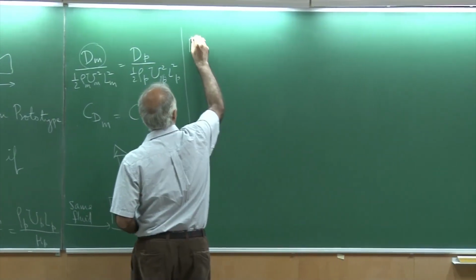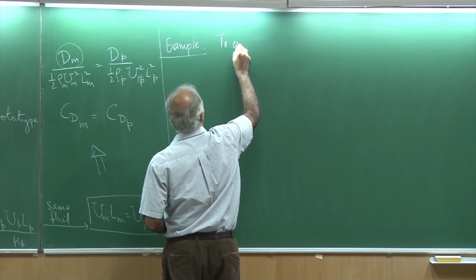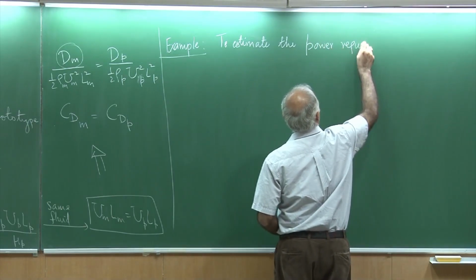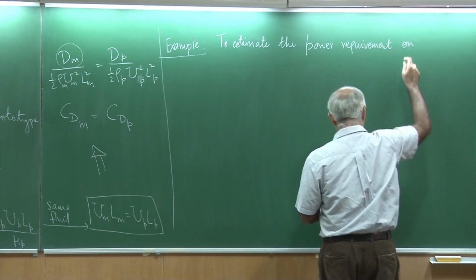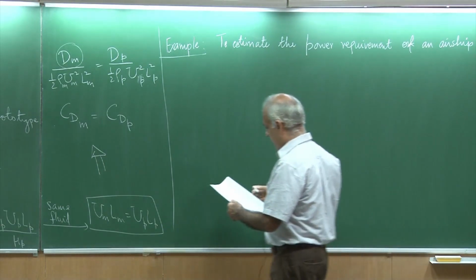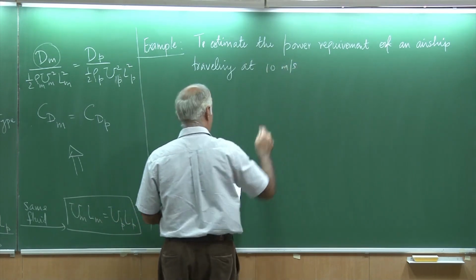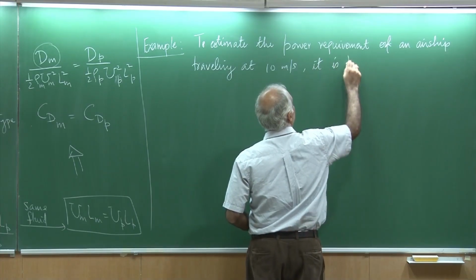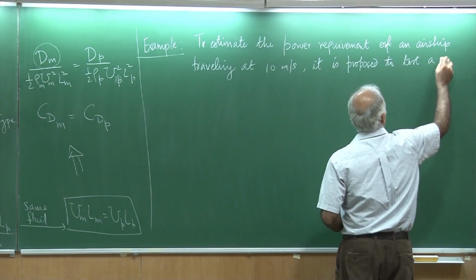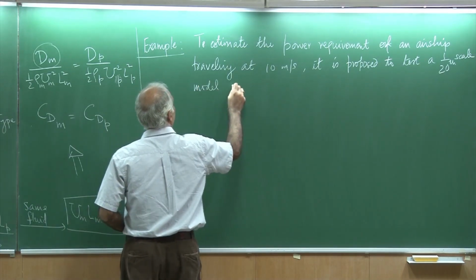So the first example that I would like to present to you is: to estimate the power requirement of an airship traveling at 10 meter per second, it is proposed to test a 1/20th scale model in water.